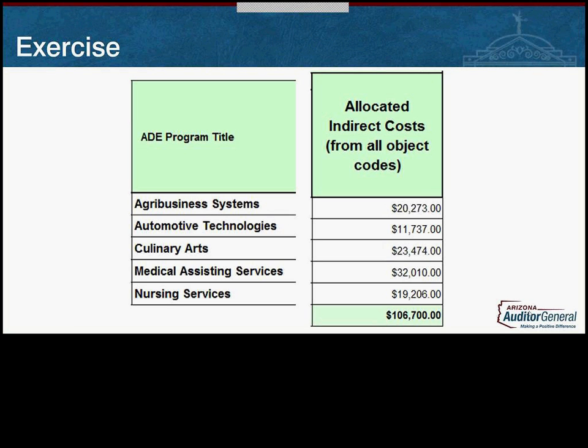Remember, very important to choose an allocation base that works well with your costs. We've used the percentage of direct costs because these are fairly small amounts that need to be allocated in comparison to the total costs of these programs generally.